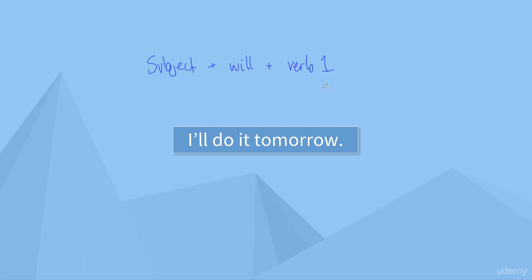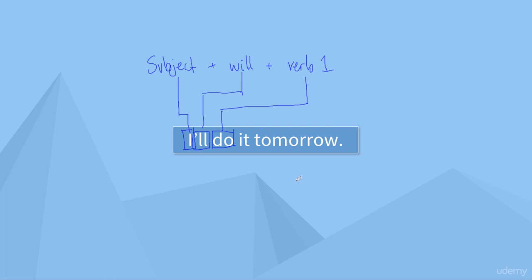So subject will, verb 1. So the verb here is to do something. And of course, we've got a contraction of I'll, which is the subject I, and will. I'll do it tomorrow. So that's one way of talking about the future.